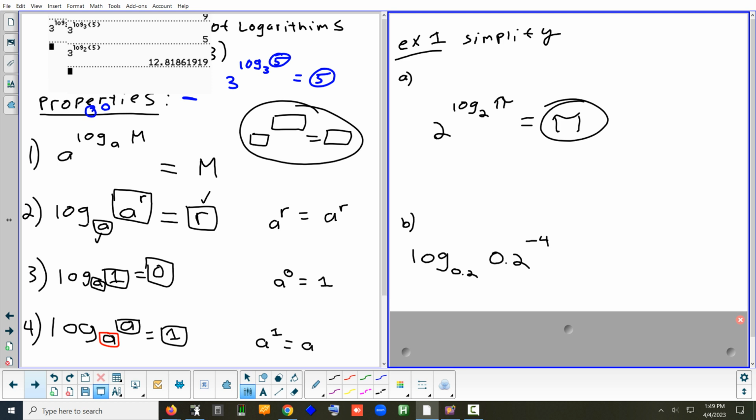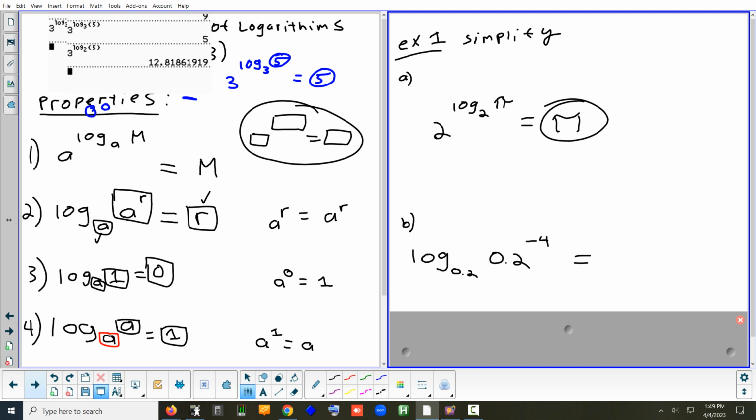Let's try that one. Log base 0.2 of 0.2 to the negative 4. Which property, Tony, does that one look like? Number 2. Yep, that's property number 2. So using property number 2, can you tell me what that would simplify to?